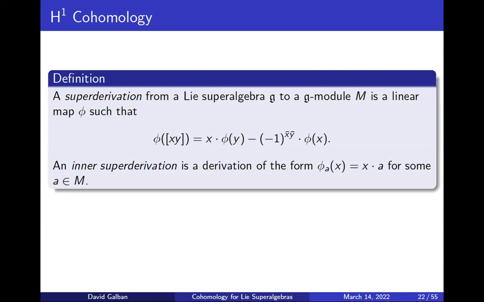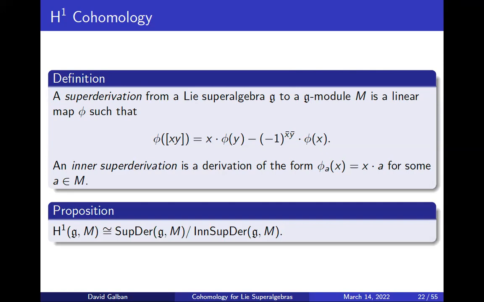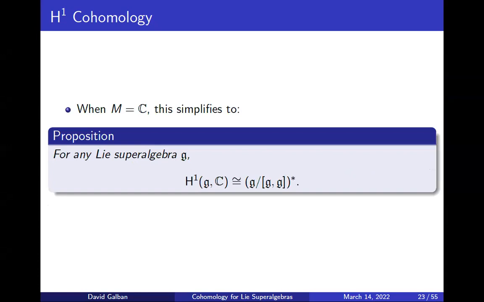And just like in that case, we have the following result, where if we want to compute the first cohomology H^1(g, M), well, this is going to be isomorphic to the set of super derivations modulo the set of inner super derivations. And the proof is completely analogous to how you would show that for the ordinary case. Right. Now, when M is equal to C, we can simplify this considerably.